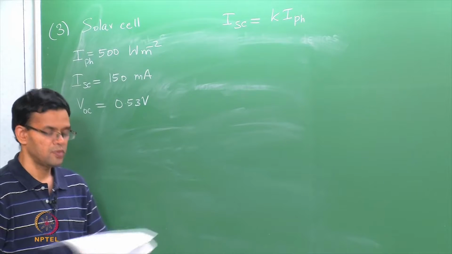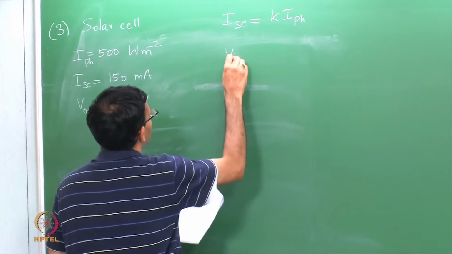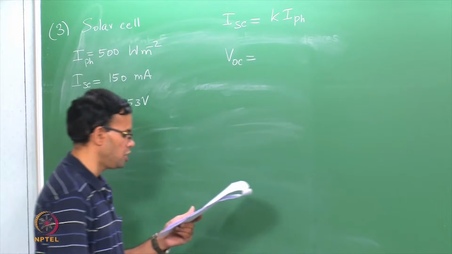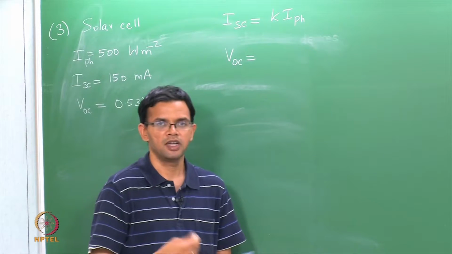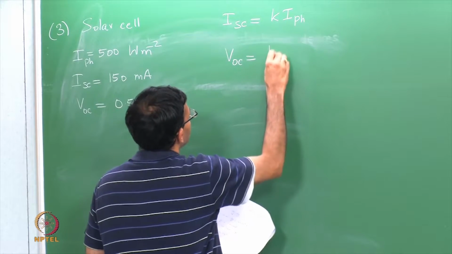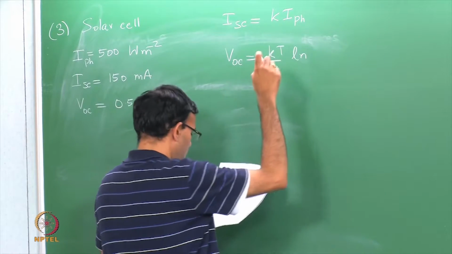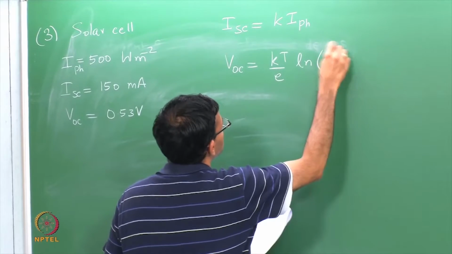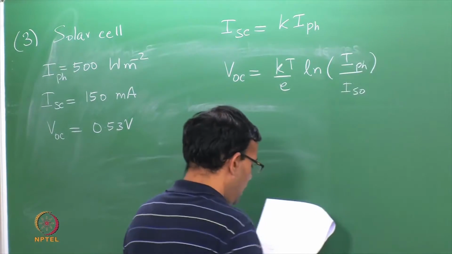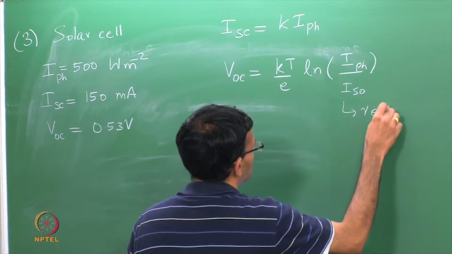So, ISC is essentially some constant K times IPH. VOC, which is your open circuit voltage, is the voltage when the current through the system is essentially 0, and is equal to kT over e ln of IPH by IS naught, where IS naught is your reverse saturation current.